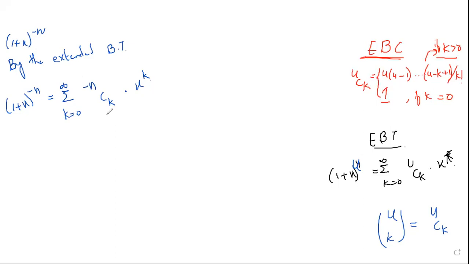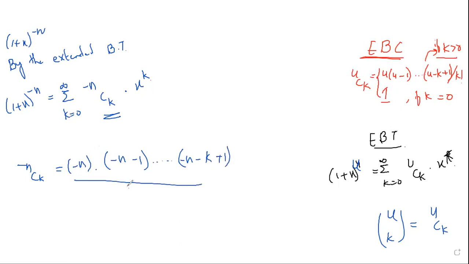Now, how should we take this minus n choose k? How can we write it? So this can be written as follows. Minus n choose k, using this formula, we can write it as minus n into minus n minus 1 and so on up to, instead of u, we are writing minus n, then minus k plus 1, by k factorial.